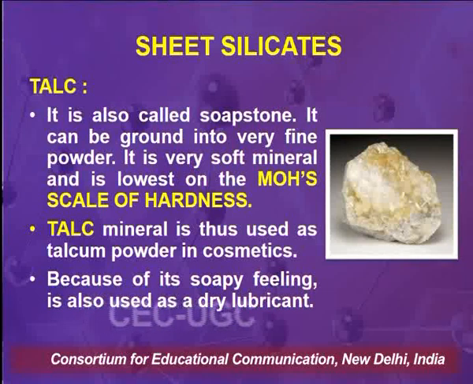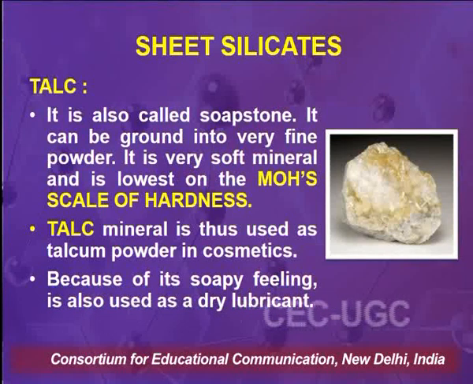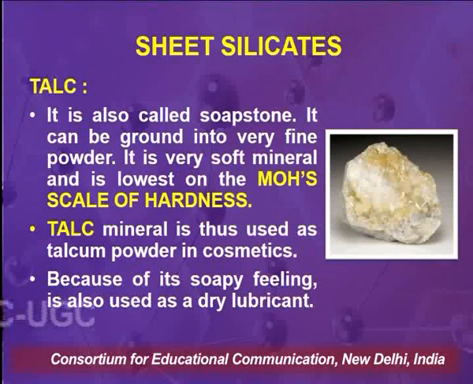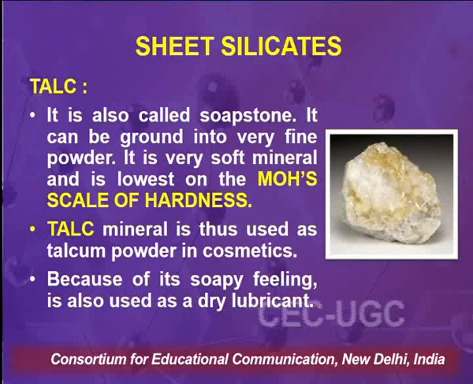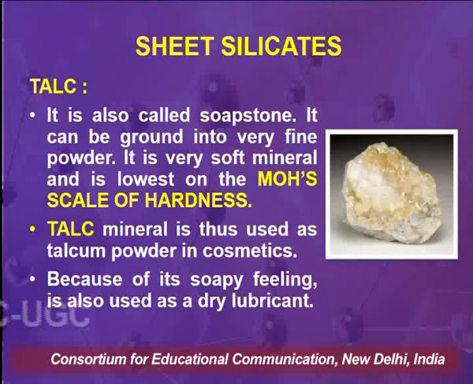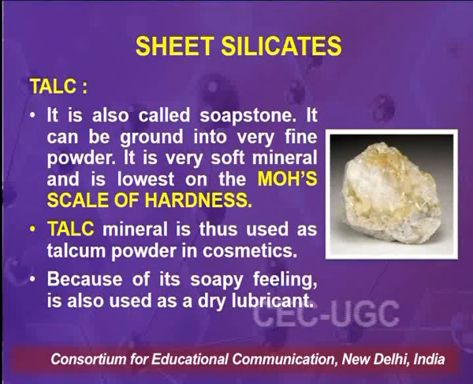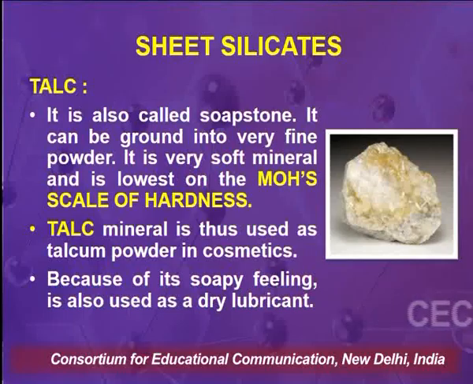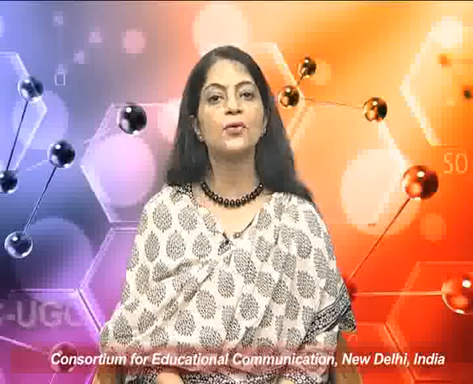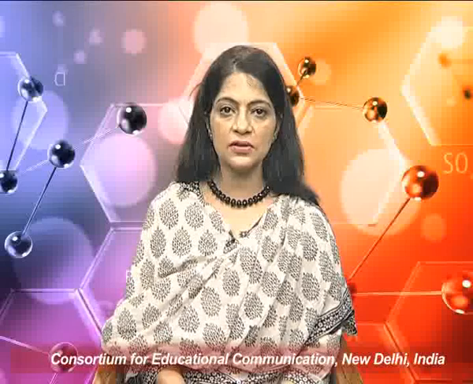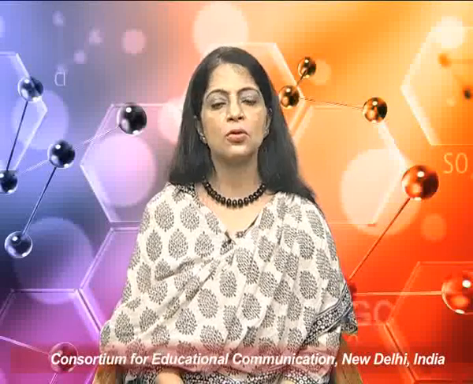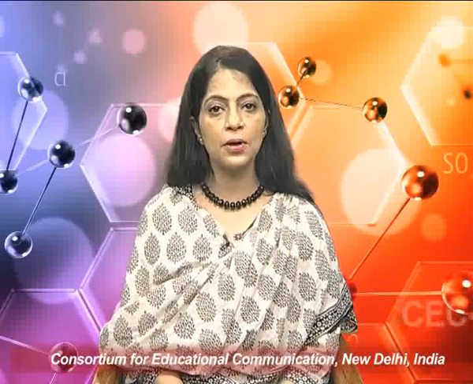The Mohs scale tells the hardness of a particular mineral, and when we say that talc is lowest on the Mohs scale, that means it is the softest mineral in terms of silicate polymers known. Talc mineral is thus used as talcum powder in cosmetics to give that slippery and dry feeling, and because of its slippery or soapy feeling, it is also used as a dry lubricant.